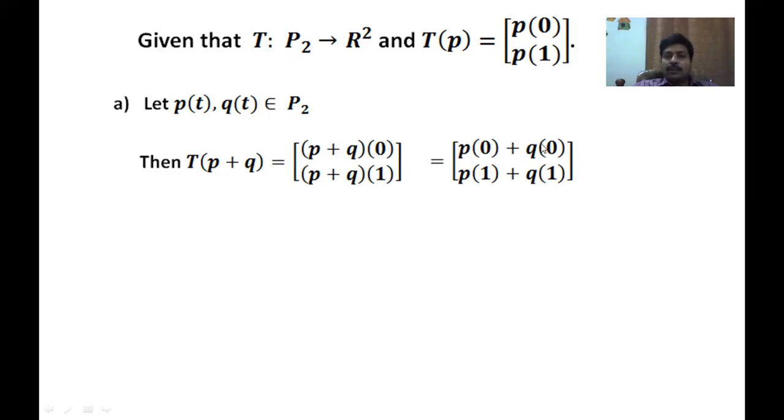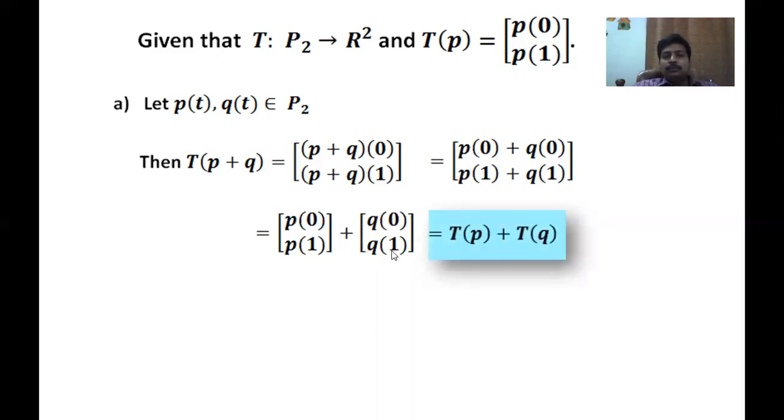So p(0) plus q(0), and this is p(1) plus q(1). And this can be written as an addition of two matrices, p(0), p(1) plus q(0), q(1). Now this is T of p and this is T of q. So T of p plus q is equal to T of p plus T of q.